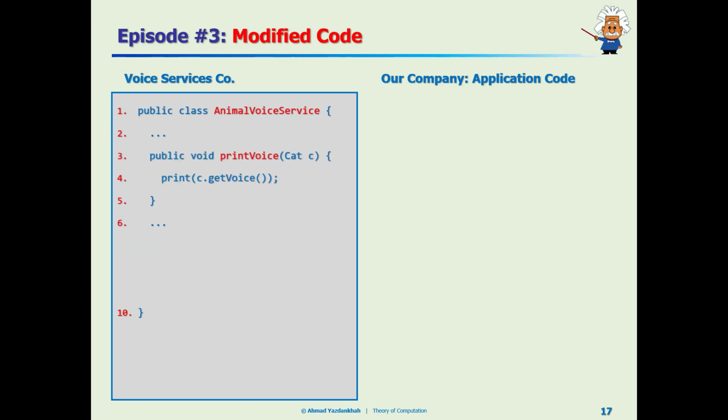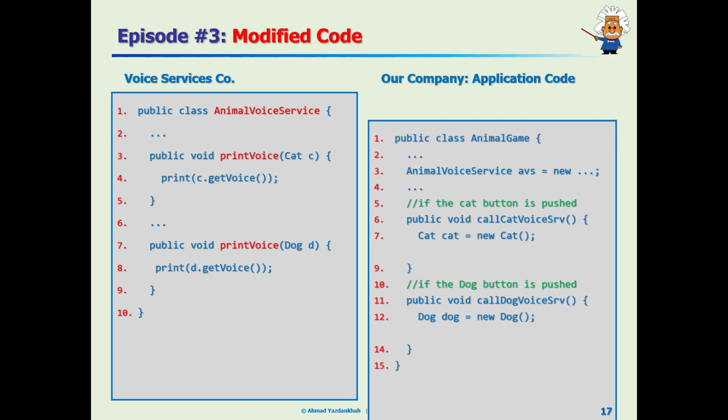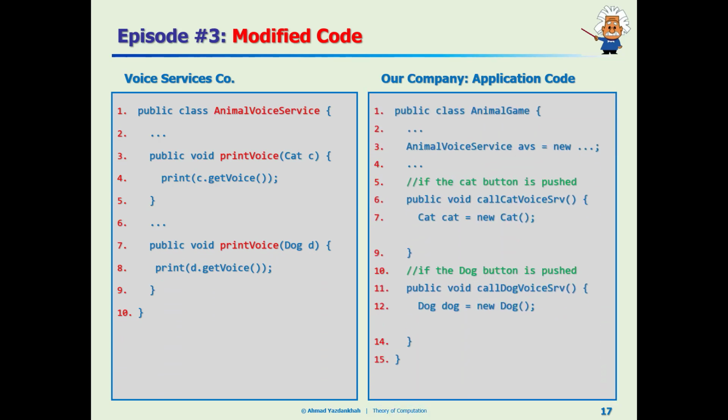This is the print voice for the cat, print voice for the dog, and in our code, instead of calling print cat voice and print dog voice, we need to change our code as well. All right, so this would be the end of episode number 3.